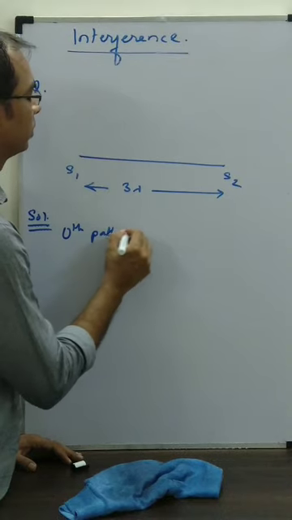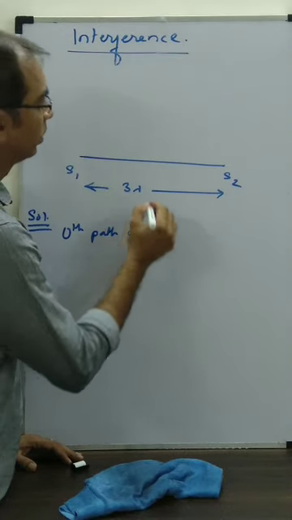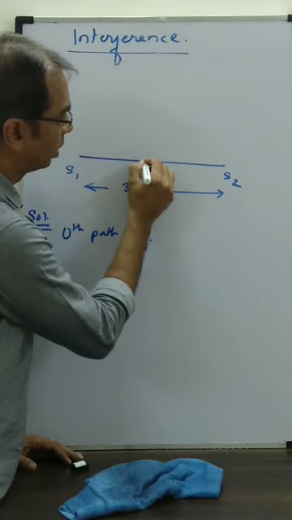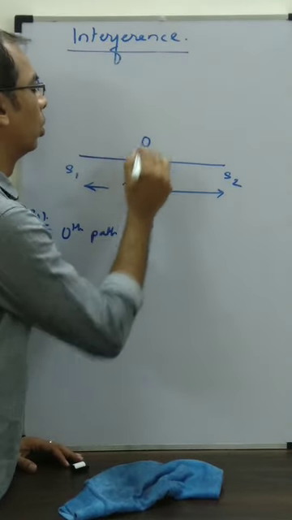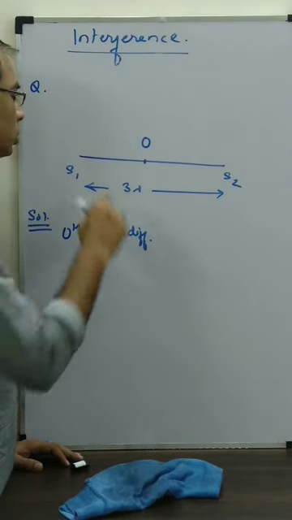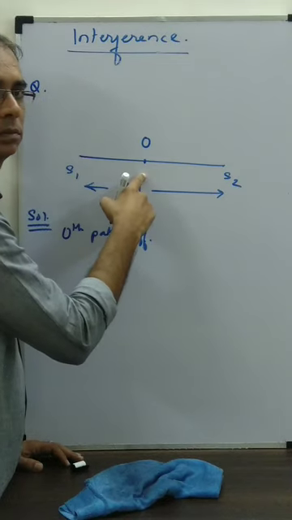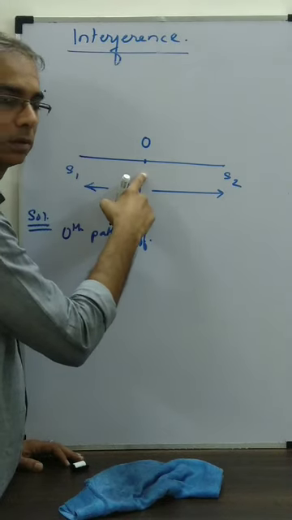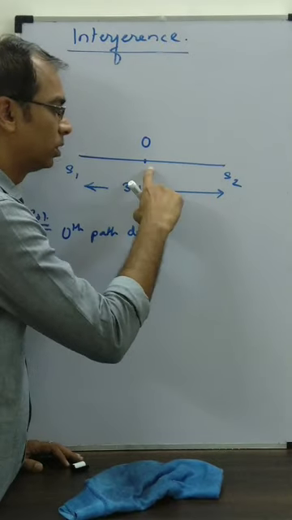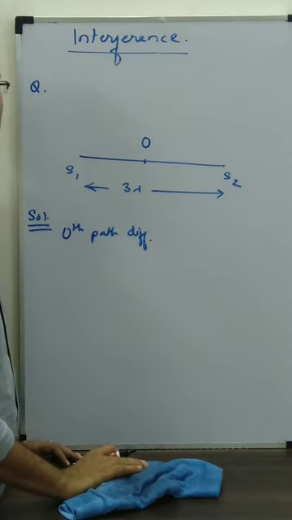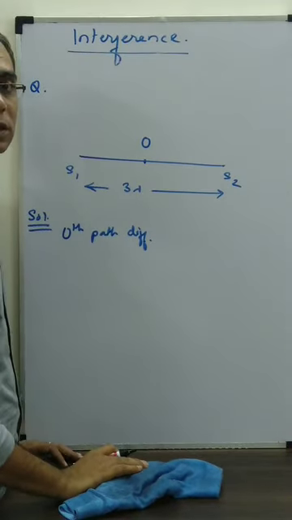Where is zero path difference? Now suppose I take one point exactly in the middle, I say that that's O. Okay, so the wave which is starting from S1 and goes to O, how much is traveling? 1.5 lambda. From S2, how much is the wave traveling to reach us? 1.5 lambda. So x2 minus x1 is 0.